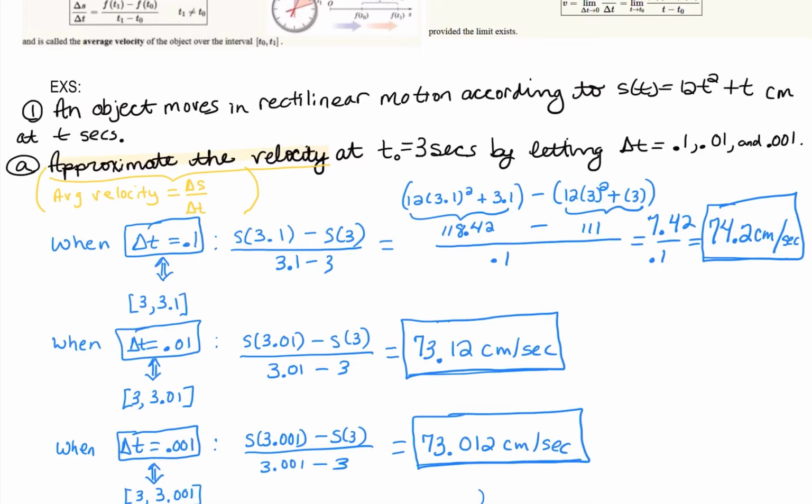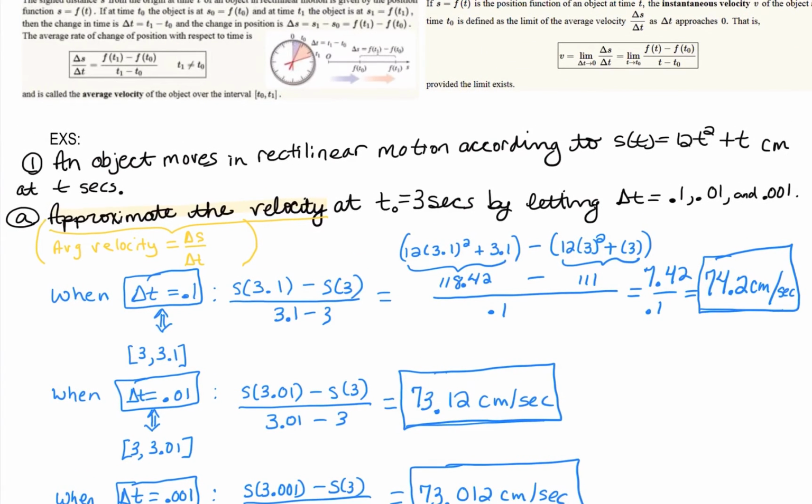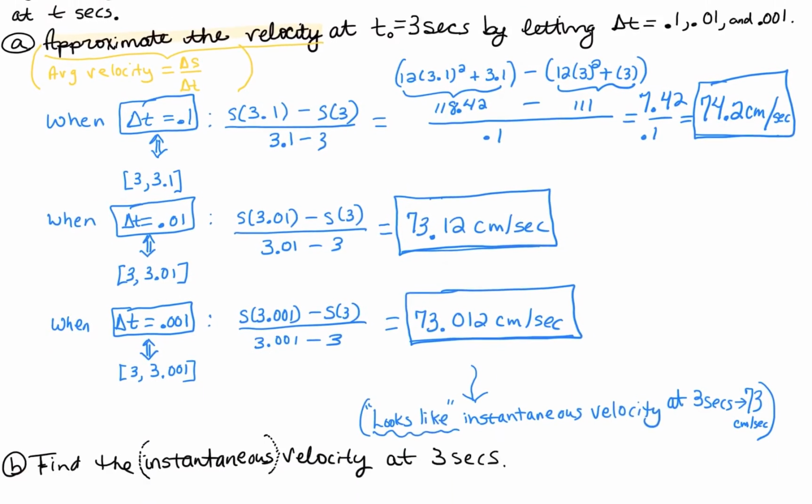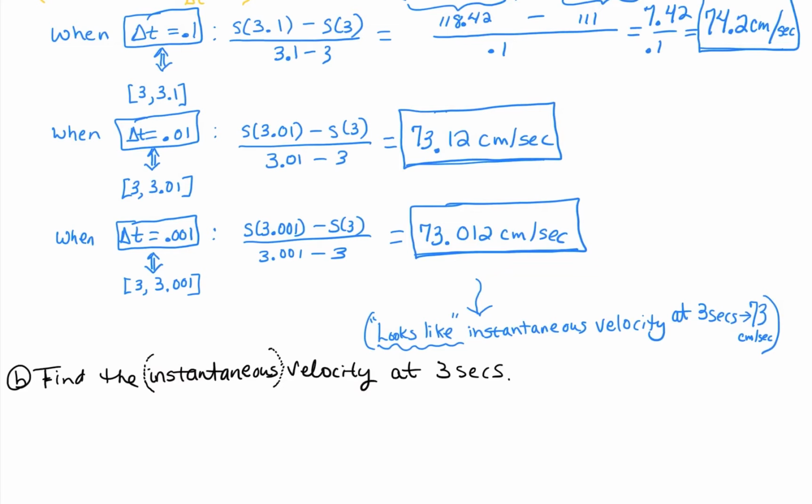Now we're actually going to let the limit as that change in t goes to 0, or let the t get closer and closer to 3. So instead of 3.1, 3.01, 3.001, let's let that t go to 3, because that's what we're doing here numerically. So now we're going to take our limits as t goes to 3.